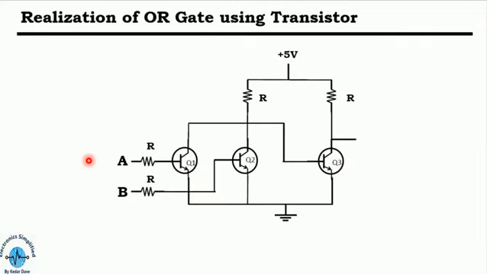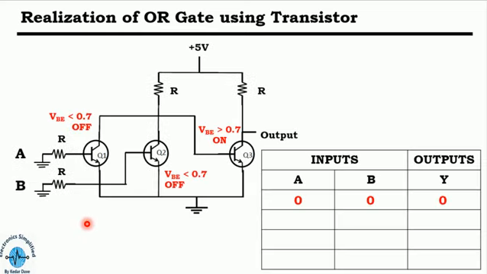Now, realization of an OR gate using transistors. This is the basic circuit diagram, and in this also we are using 3 transistors, and all 3 transistors will be turned on and off in turn, which is represented by giving different inputs.